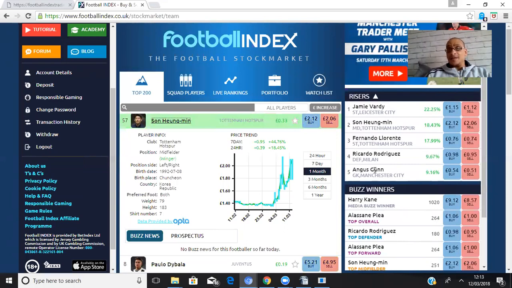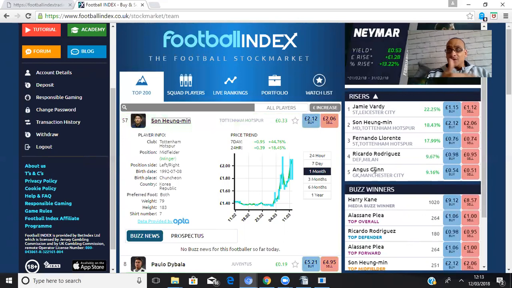Like this injury trend was great for people who flip, because there was that opportunity for all these players to be flipped for that profit.